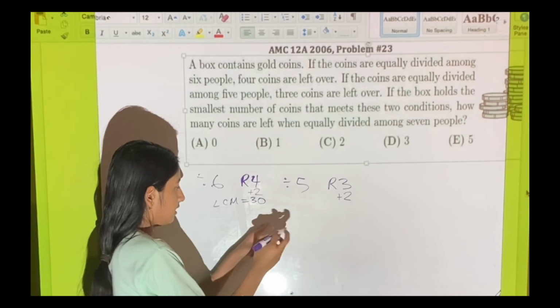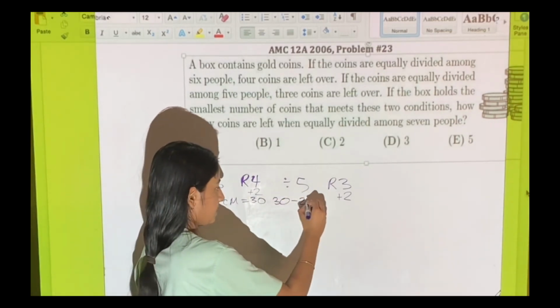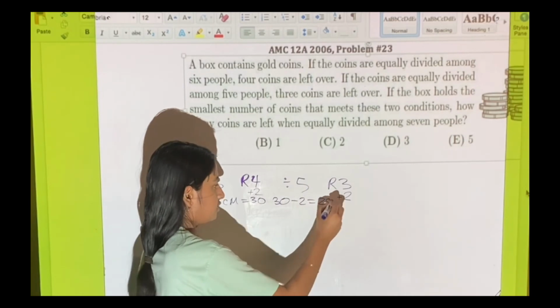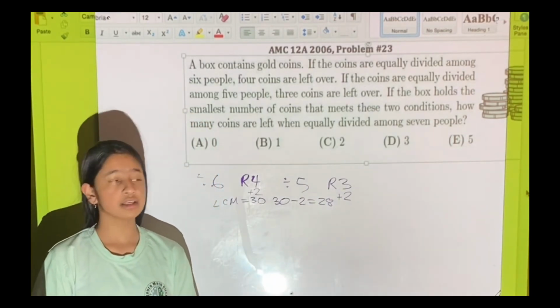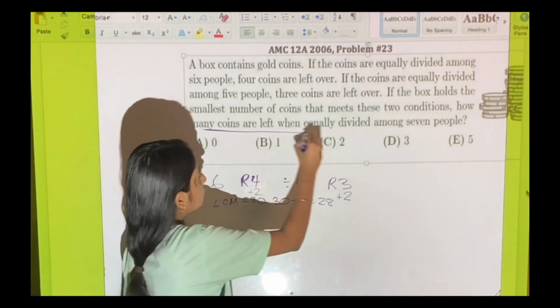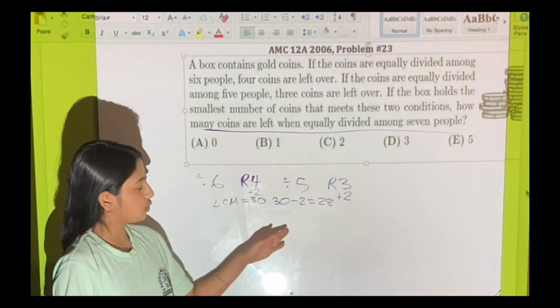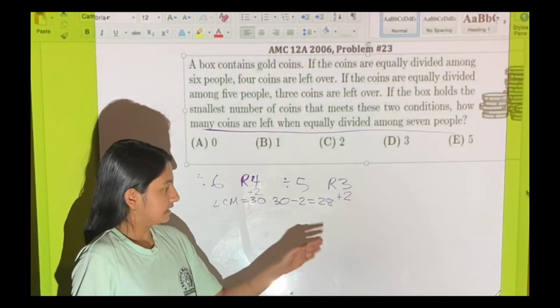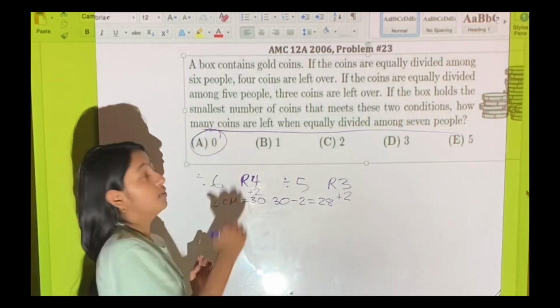And from this 30, we're going to subtract this 2 and get 28. So we said this is the minimum number of coins in this box. And the question is, how many coins are left over when equally divided among 7 people? As 28 equally divides among 7, 4, 4, 4, our answer is A or 0.